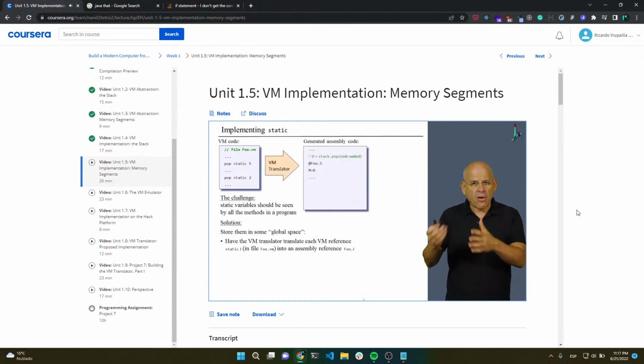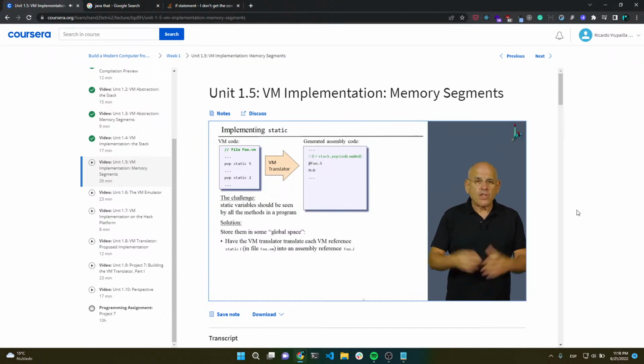And so if we follow this convention, which will become understood in just a few seconds, then the VM translator is going to translate pop static 5 into, well, first there'll be some code, which I omitted, that carries out a pop from the stack, and the topmost value from the stack is going to go into the D register, the data register, and then we have to put it into our assembly level incarnation of static 5. How do we do it?